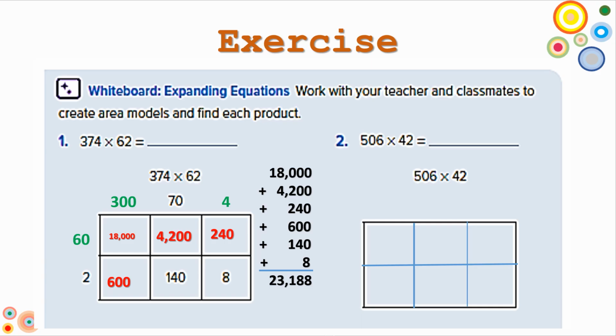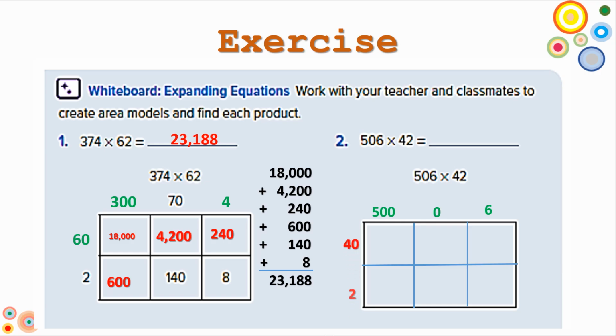Decompose 506. Write the value of each number. 5 in the hundreds place, it will be 500, 0 still 0, and 6 in ones, still 6, times 42. 4 in tens, it will be 40, and 2, okay? So 500, 0, 6.